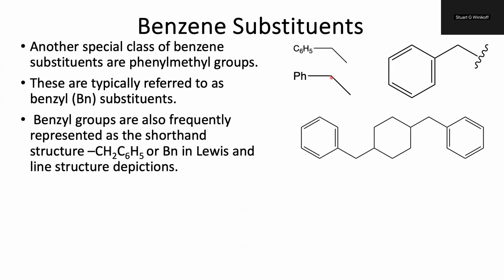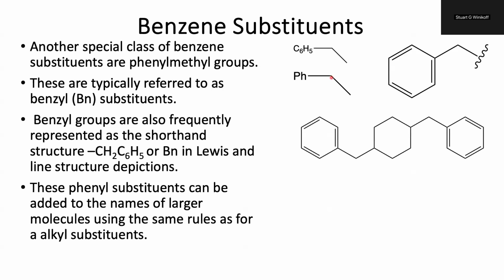However, if I shorthand this as a benzyl, it can often make naming the system a little bit easier. So once I do this, I can use that benzyl substituent as, again, more or less an alkyl substituent following the same naming systems.